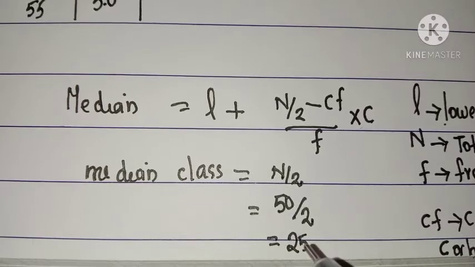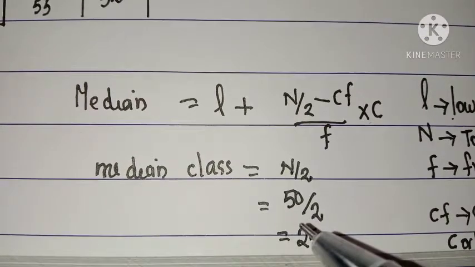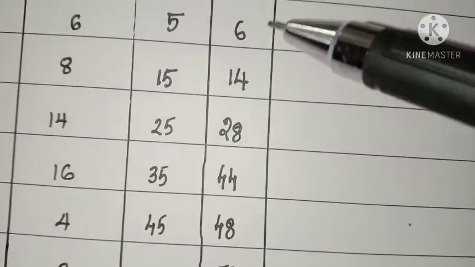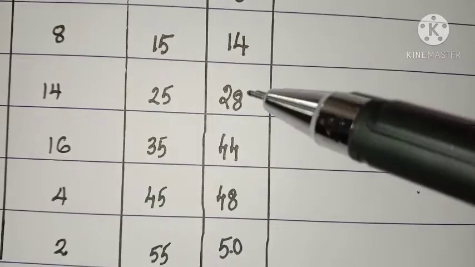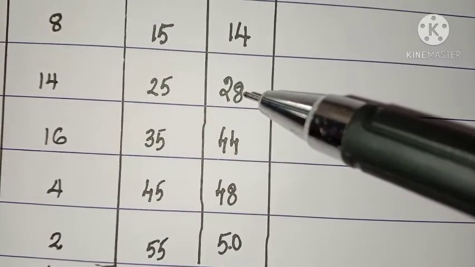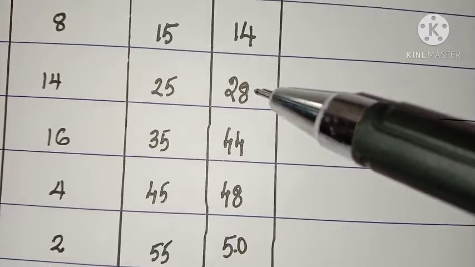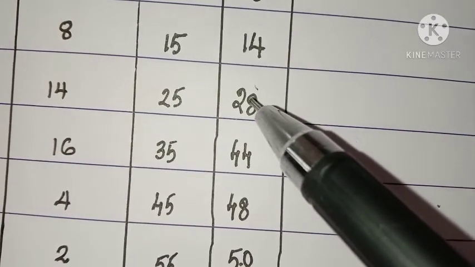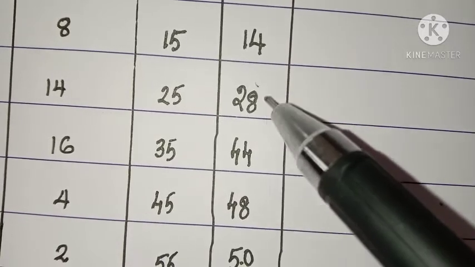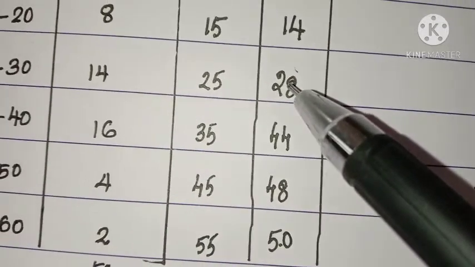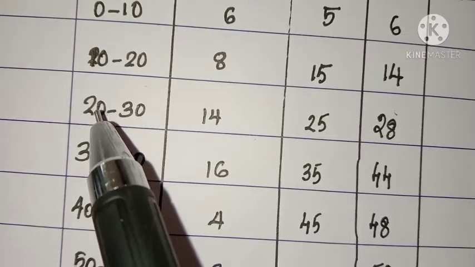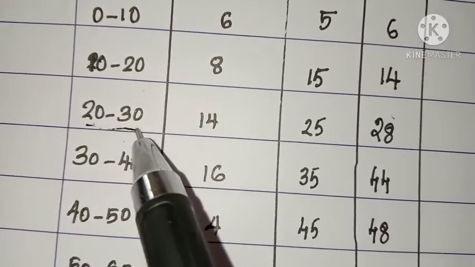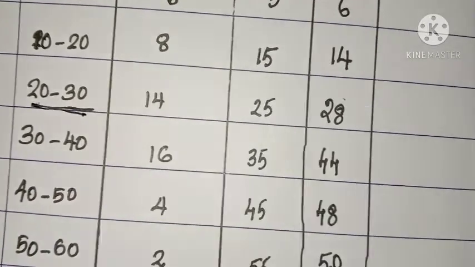Now look at the CF column, the cumulative frequency column. Consider the cumulative frequency greater than 25. So greater than 25 is 28. Corresponding to 28, the class interval is 20 to 30.